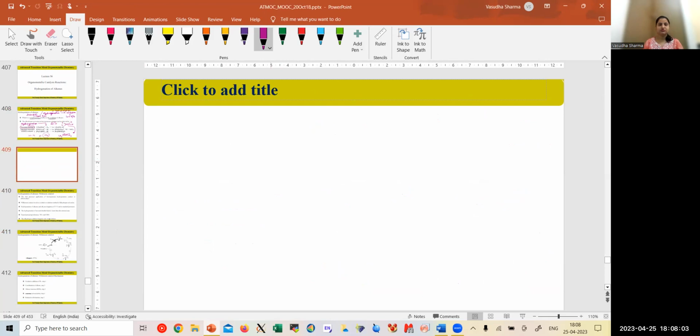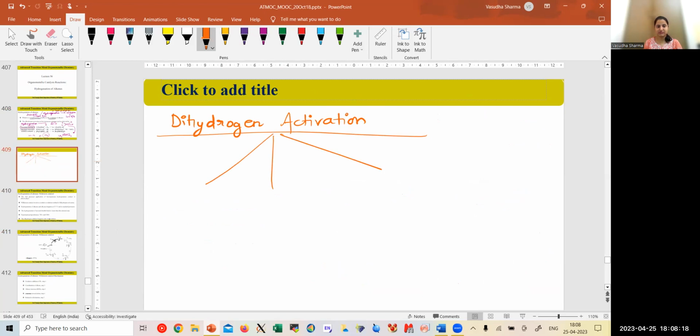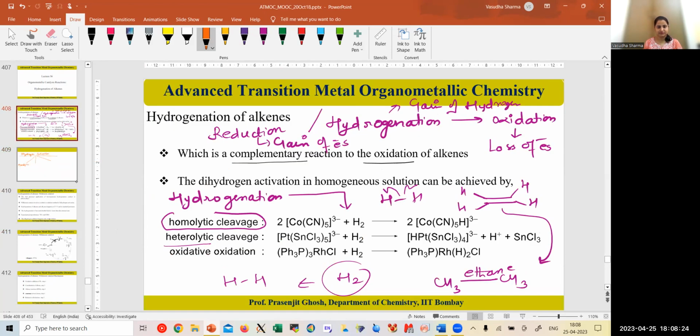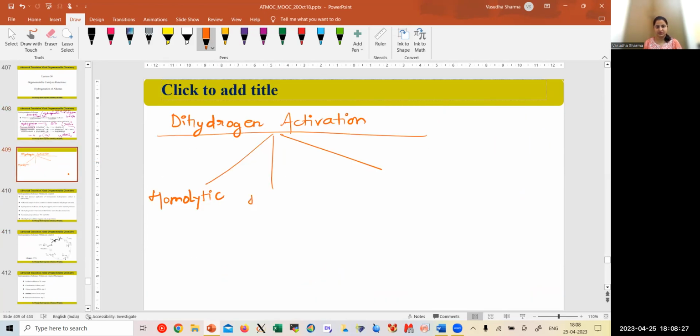So we mainly are talking about the dihydrogen activation, and this can occur in three possible ways. Firstly, the homolytic one; secondly, heterolytic; and the last one is oxidative addition.